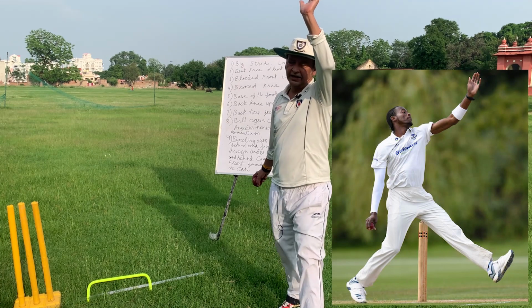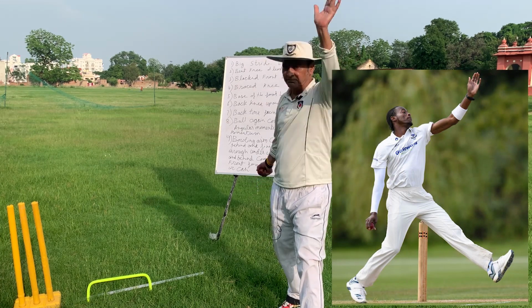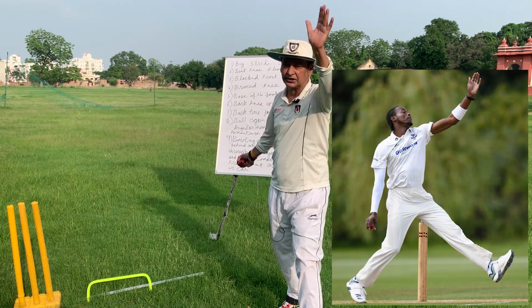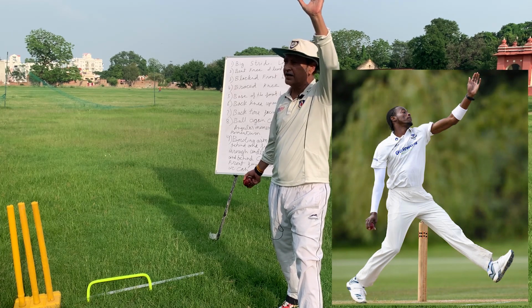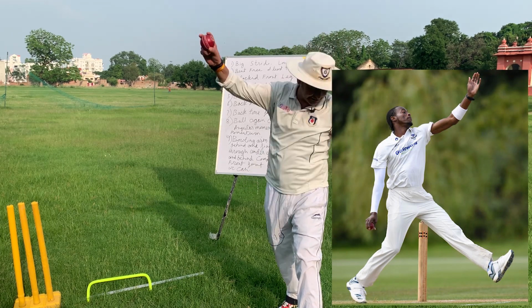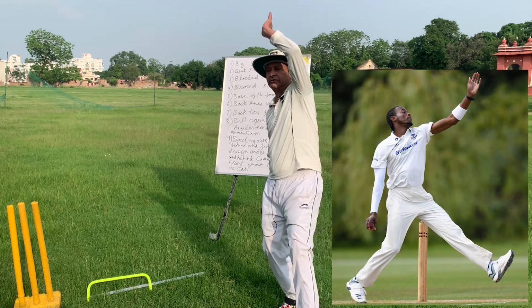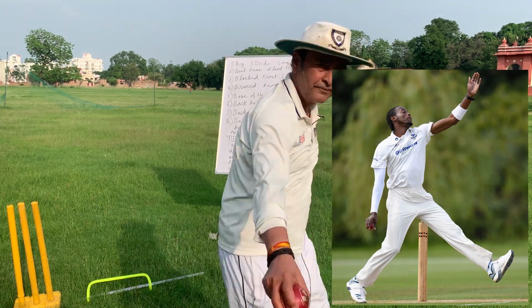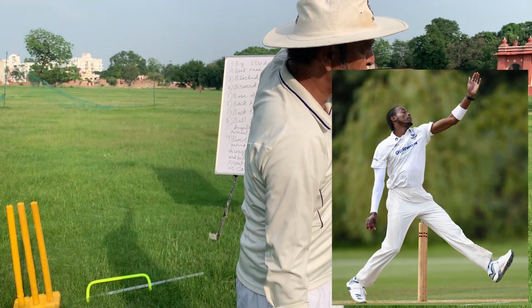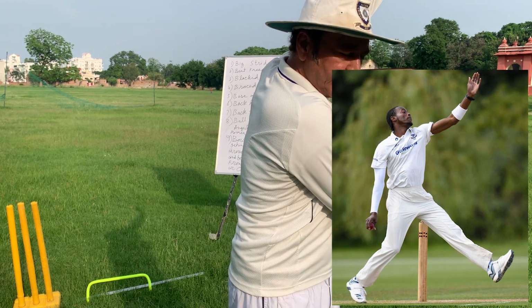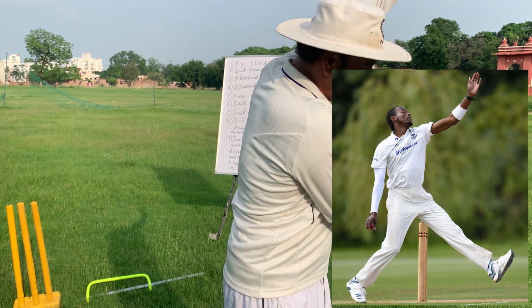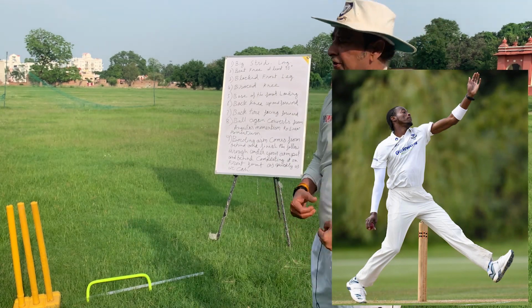I'll show you how. We'll be supporting these points with photographs so that you are convinced. And if you look at good fast bowlers, you will watch how they follow through.